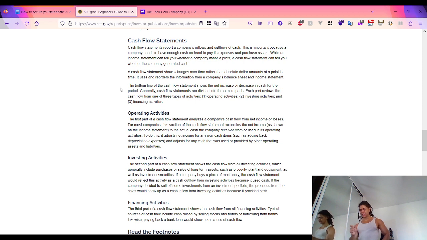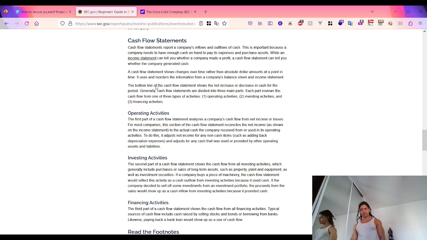Generally, cash flow statements are divided into three main parts. Each part reviews the cash flow from one of the three types of activities.